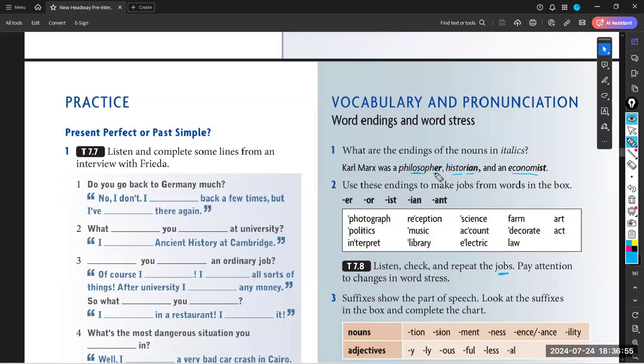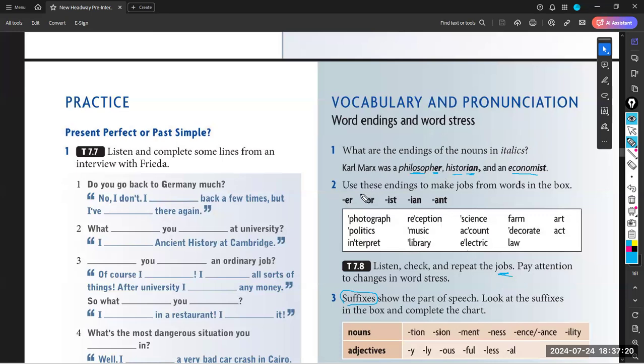So we notice that here we have some letters I can add at the end of nouns or words. These are called suffixes. So suffixes mean, as I told you, some letters I have to add at the end of certain words just to mention the person who's doing the action or maybe the jobs.